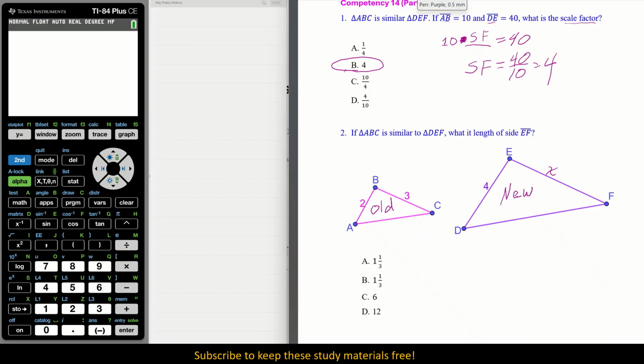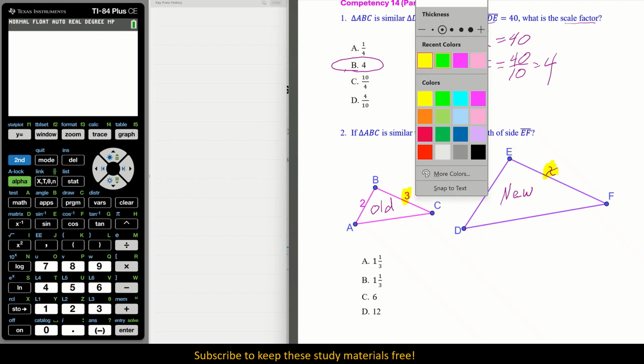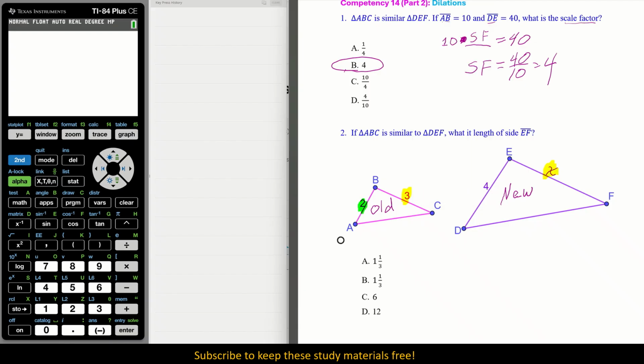So if we go with new over old, remember, we have to stick with corresponding parts. Okay, let me get my highlighter. So 3 corresponds with X. Well, let's get another color. And then the 2 corresponds with the 4.